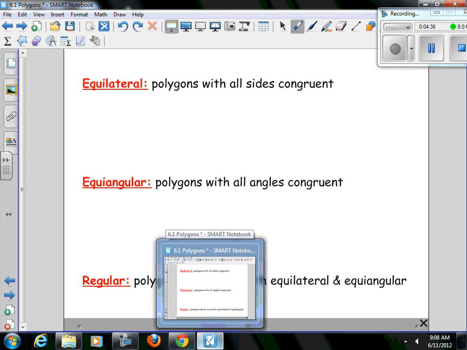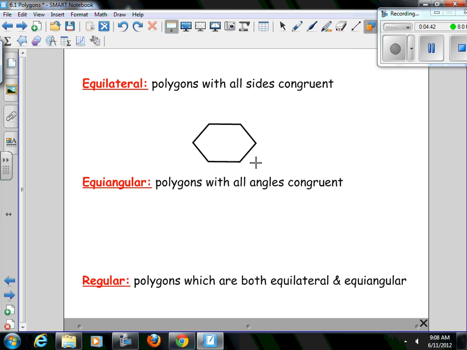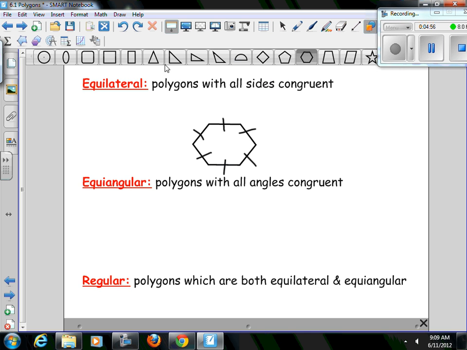Now, a polygon is equilateral if all of its sides are congruent. So here's an example of an equilateral hexagon. All the sides are the same. Equiangular are polygons with all angles being congruent.